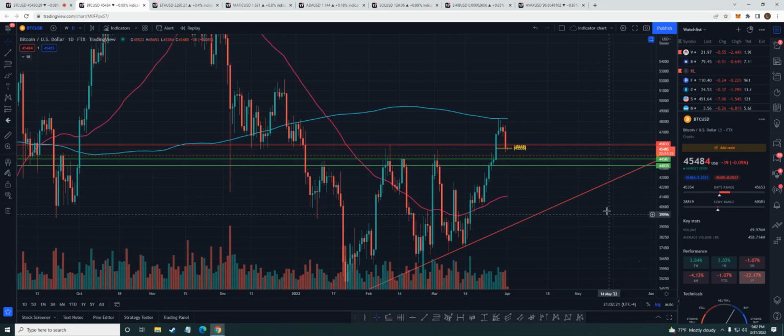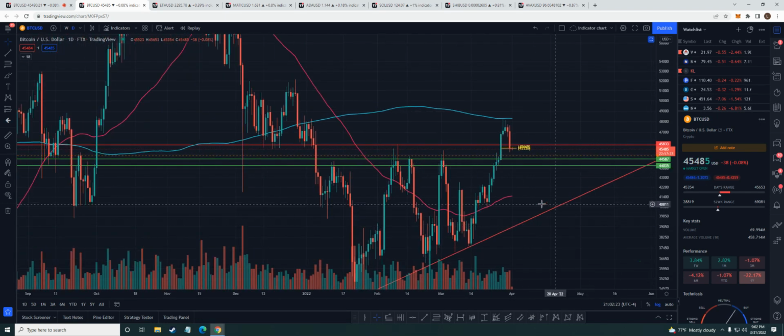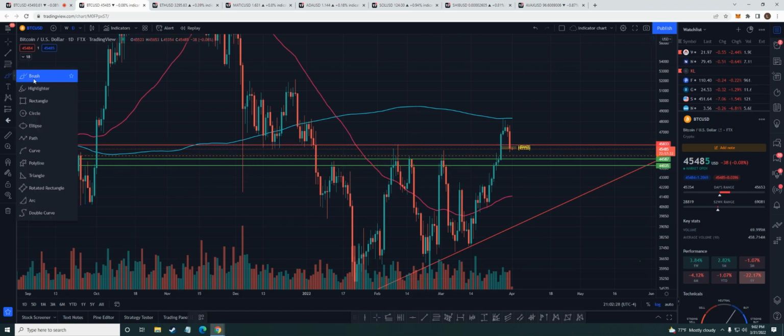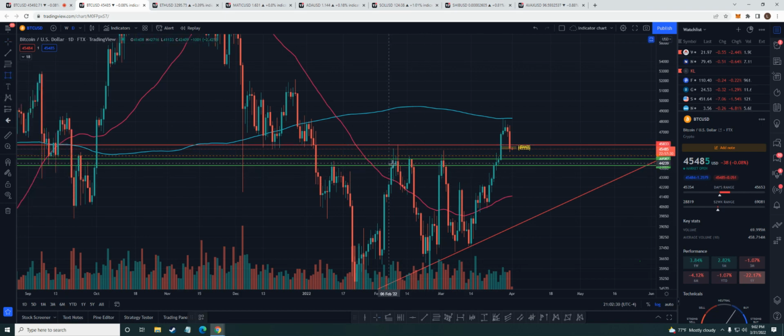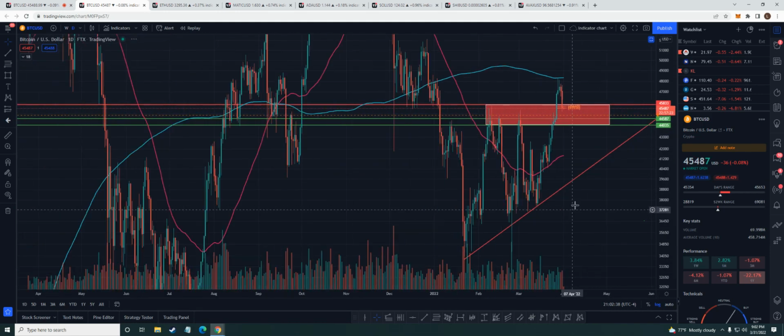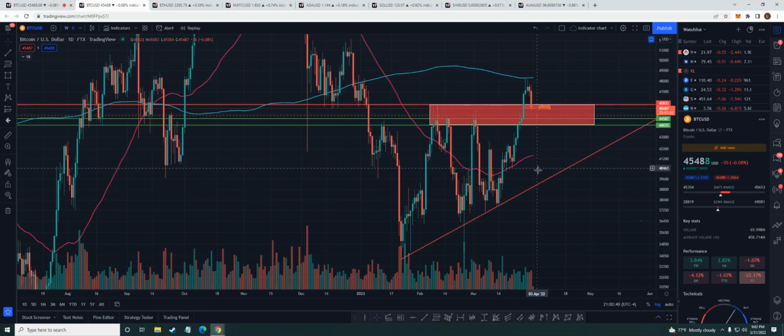Maybe, but we're always going to retest this triangle. So we're in this zone, and I'll draw this box out for you. This was my retest zone right here, and we're currently in that zone. Now, if we break down out of this zone, then I'd be looking for more downside targets.